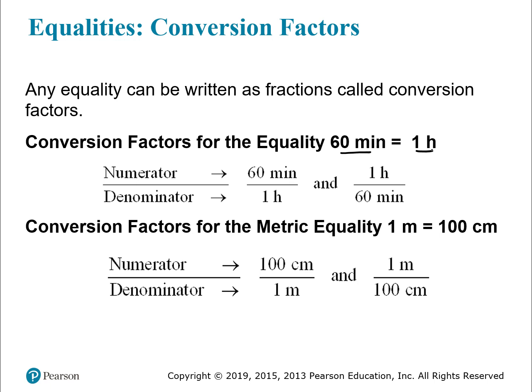You take one number, put it in the numerator, the other number, put it in the denominator. And that's a conversion factor. Then you write the reciprocal. So each equality can be written as 2 conversion factors. You write one, you flip it over, and that's the second one.